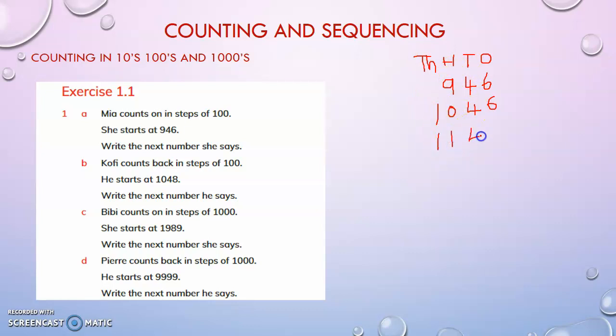So the next number will be 1146. The next number is 1246. This keeps continuing. Here only the hundreds place changes. It became 10 here only because it was 9. Rest, the only change that happens is in the hundreds place because we are counting on in hundreds.